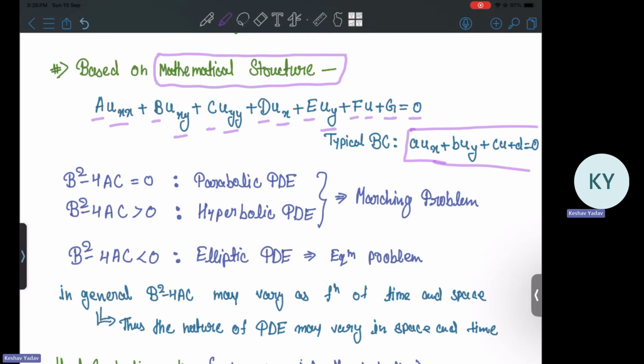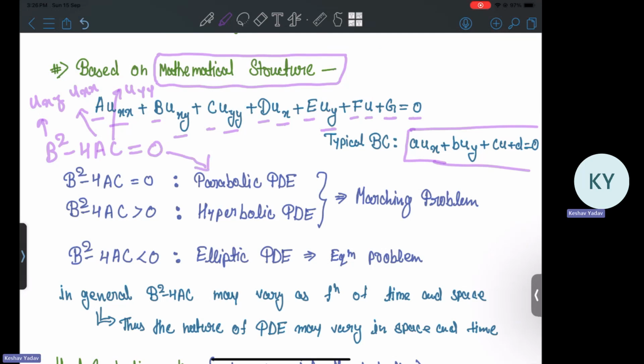If I compute B square minus 4AC, where B is the coefficient of uxy, A is the coefficient of uxx and C is the coefficient of uyy, and this comes to 0, then my PDE will be a parabolic partial differential equation.